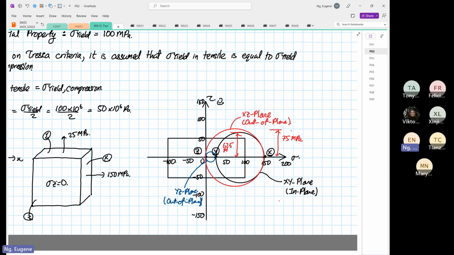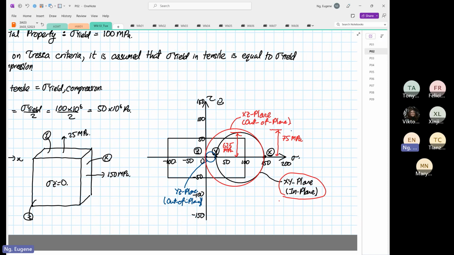Now you will ask me, Eugene, why is it so important to know this value? Because if we were to calculate the factor of safety in shear, right, we have to know this number. Or if you're going to pick material, if you only do 2D Mohr circle, which is only using the XY plane, you realize that, oh, maybe my material only needs to withstand 62.5 megapascal worth of stress.